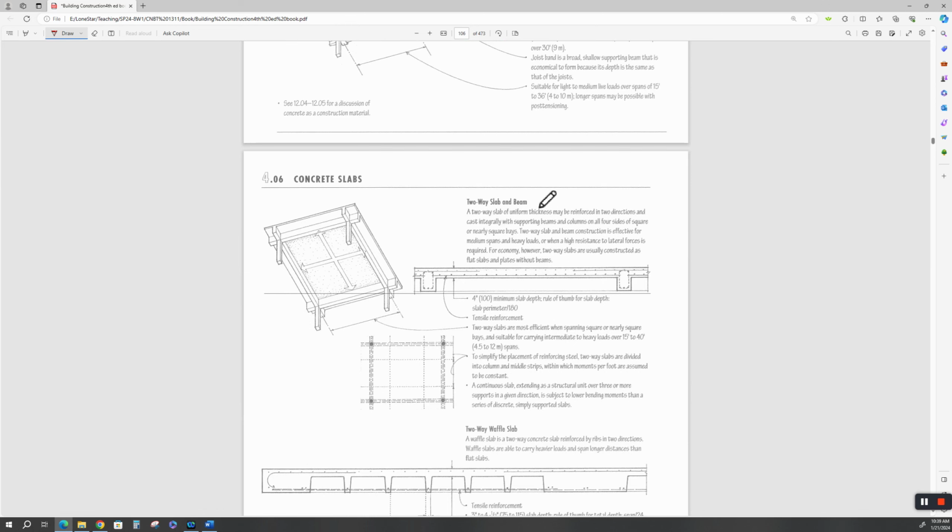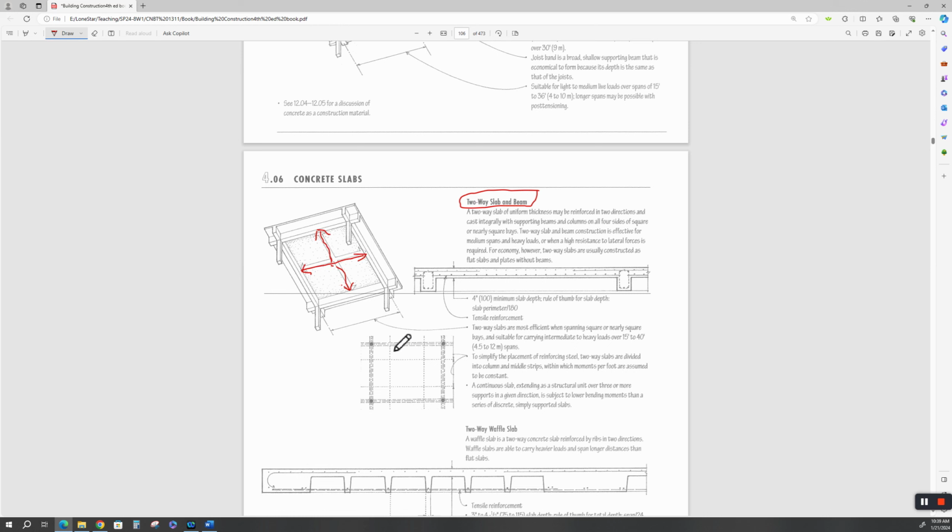Two-way slab and beam are just a two-way flat slab. That means it's a certain aspect ratio, mostly square, and you can start distributing the stresses in two directions and balance that out. The Portland Cement Association and the ACI got together many years ago and created a manual for two-way slabs.